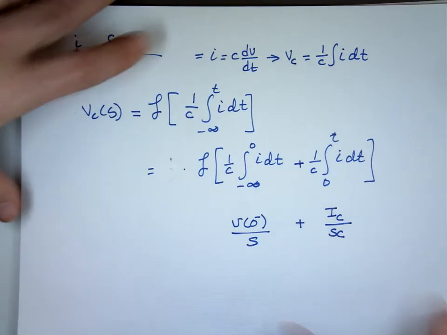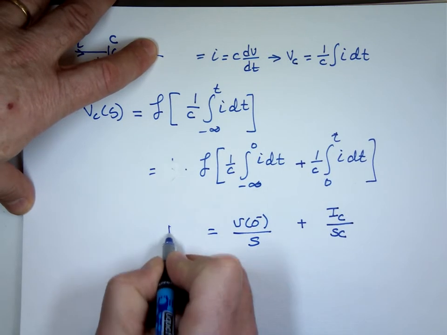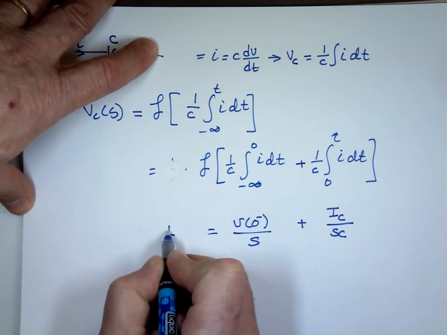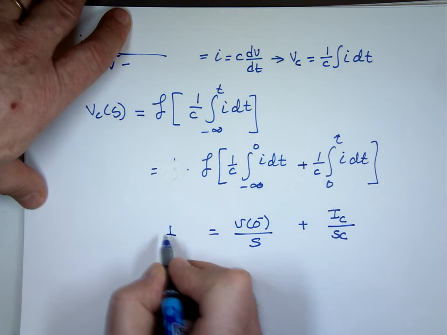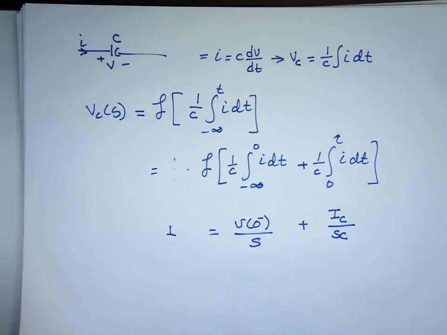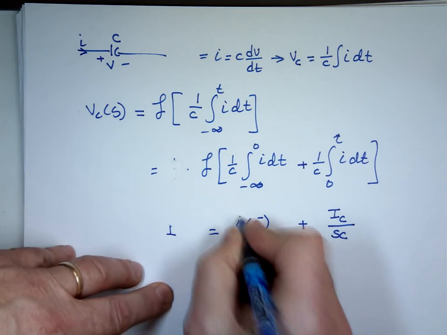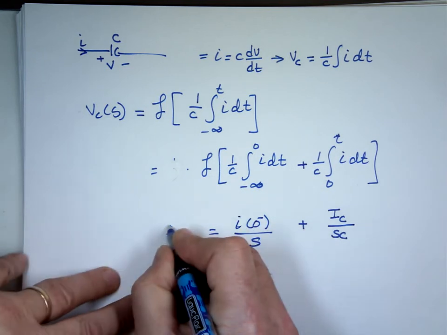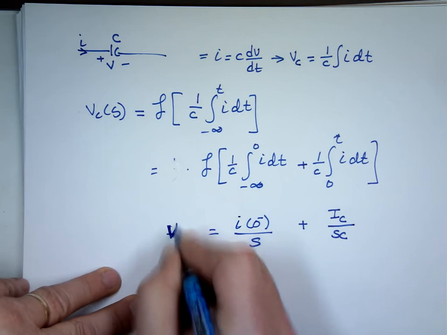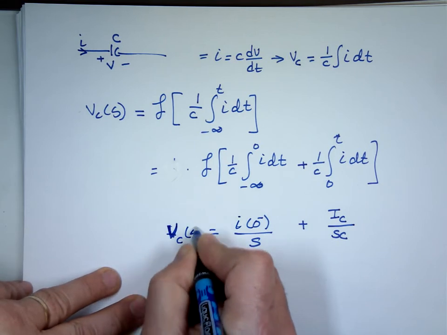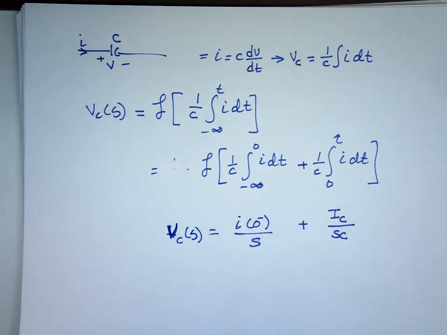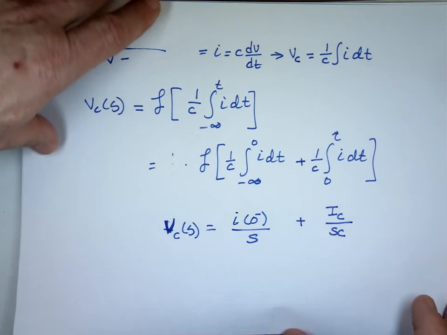And that's the current. I mean, that's the voltage. This is the voltage across the capacitor as a function of S. So here we go.